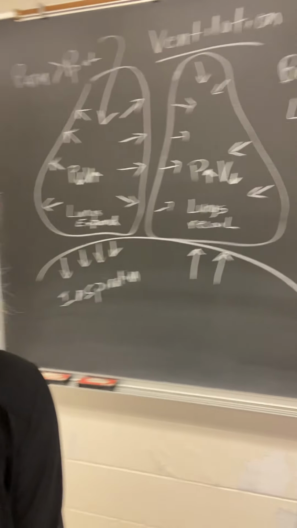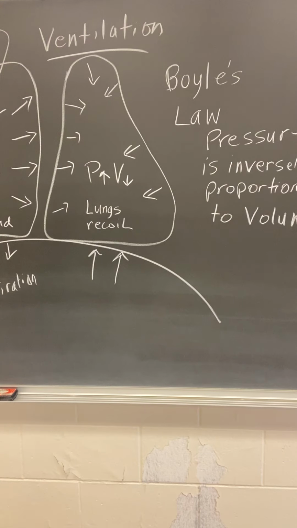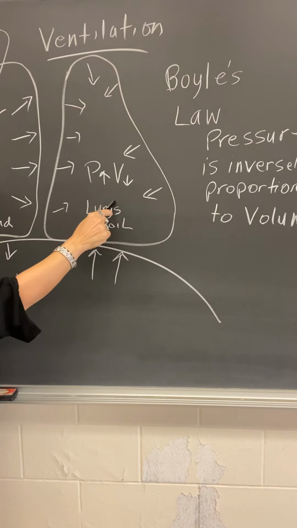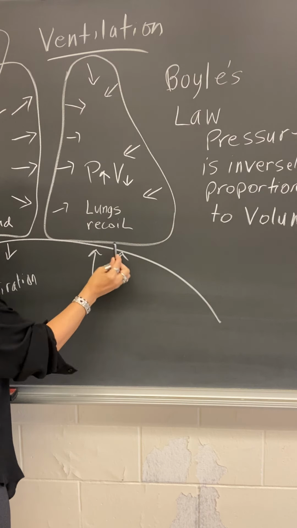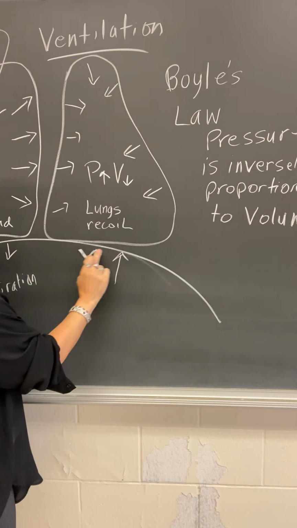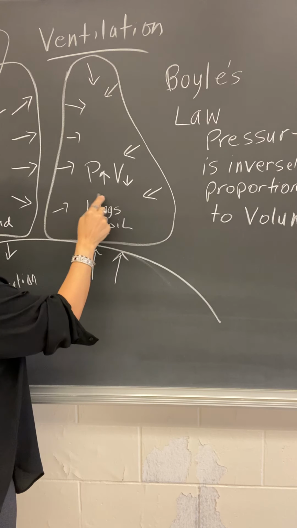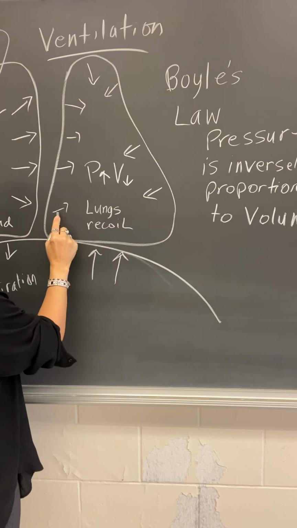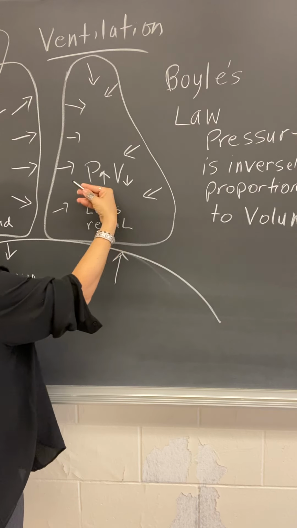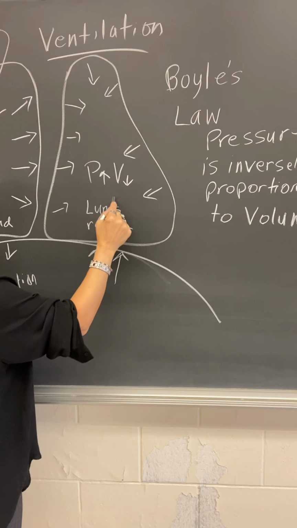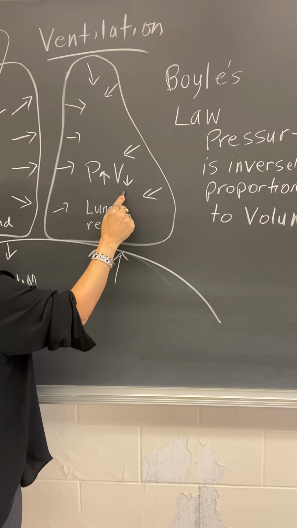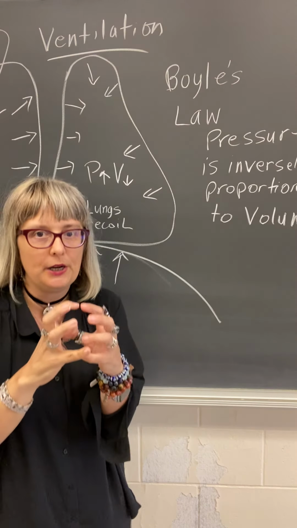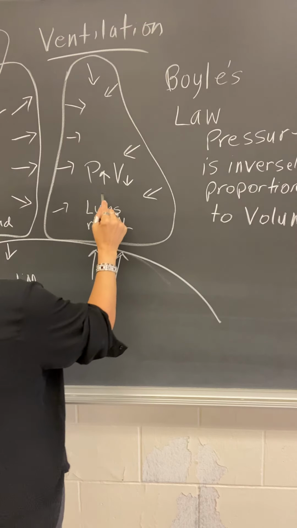Now let's look over here, and we can see that on this side, we have the opposite. The arrow showing upwards shows that the diaphragm is coming back up, the lungs are recoiling, the arrows are pointing towards the lung, so therefore pressure is going up and volume is going down because the lungs are recoiling back to the original position.